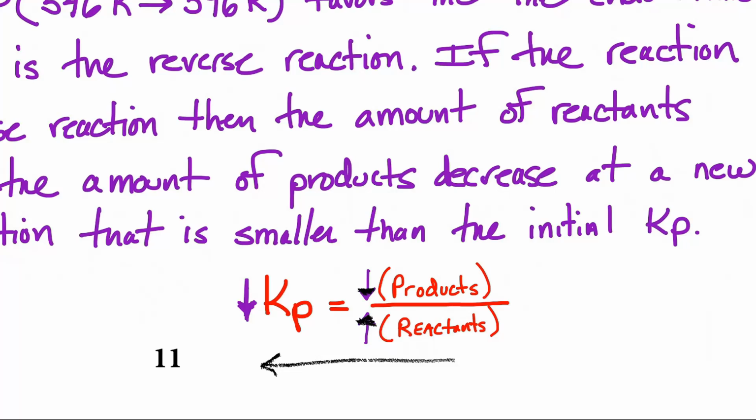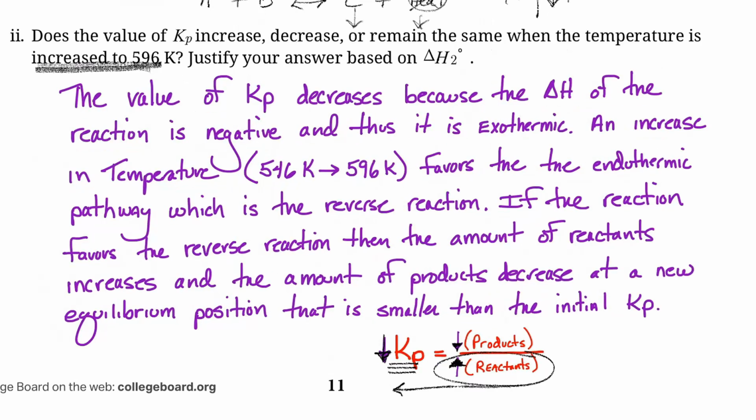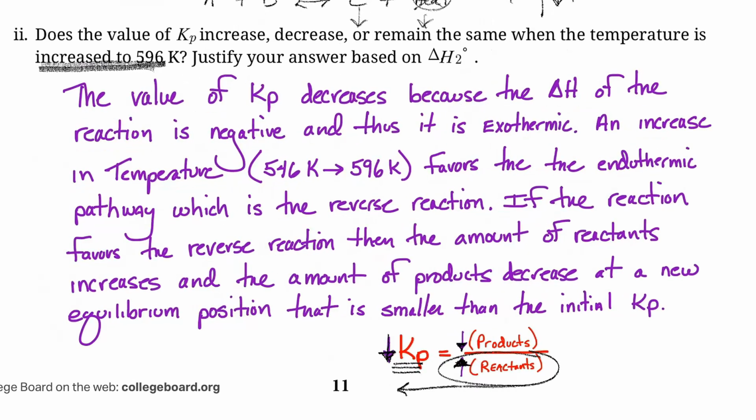And now the equilibrium is going to find a new position that favors more reactants and less products. If you increase your denominator and lower your numerator, it's going to lead to a lower value. A lower value of your equilibrium constant is going to be a position that favors more reactants. So what's going to happen is, as I said, the value of the Kp decreases. It's got to get smaller, okay, because it's going to favor more reactants.